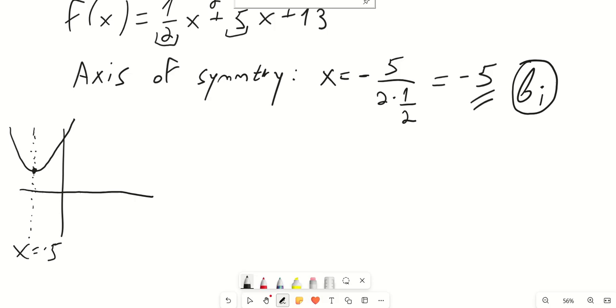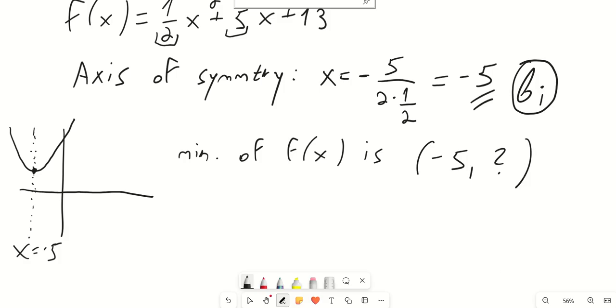So of course the minimum point is -5 point something.